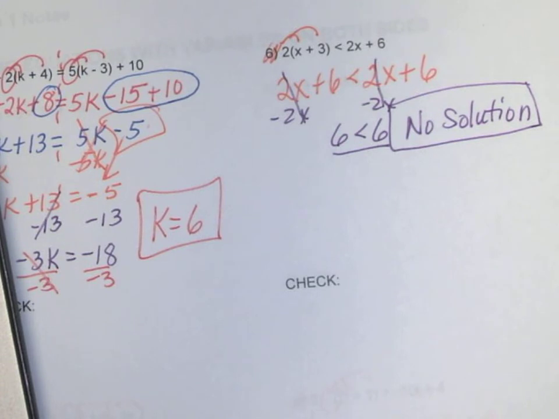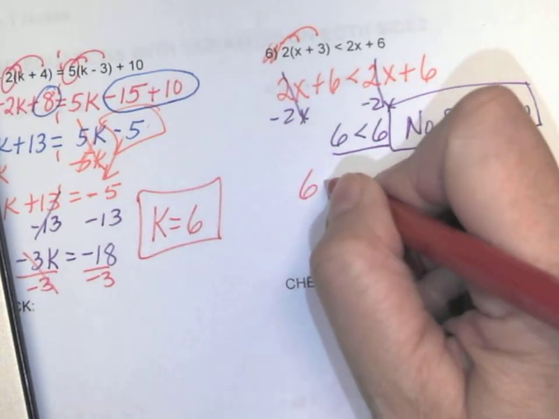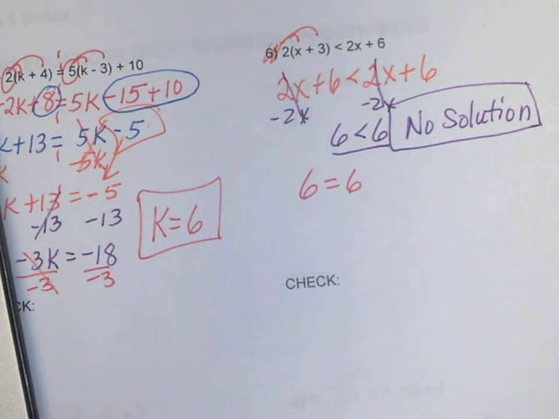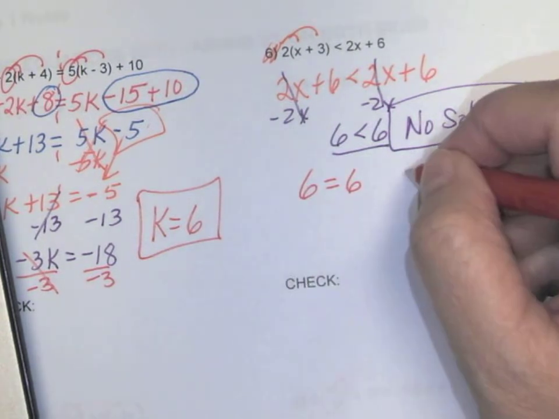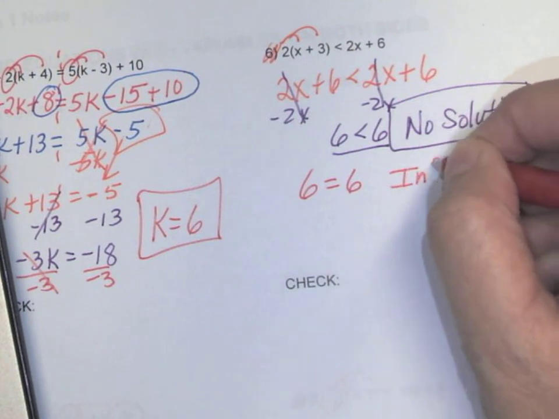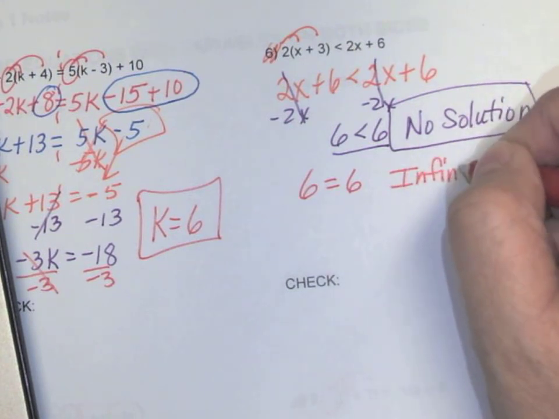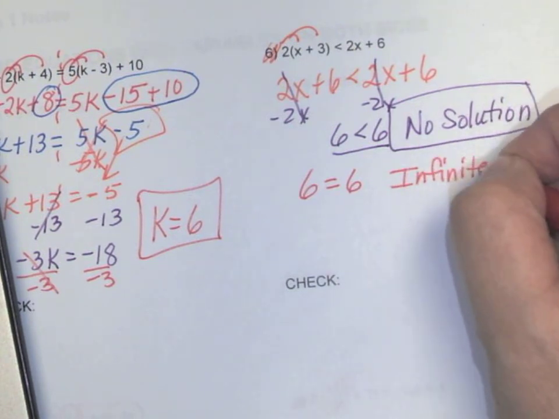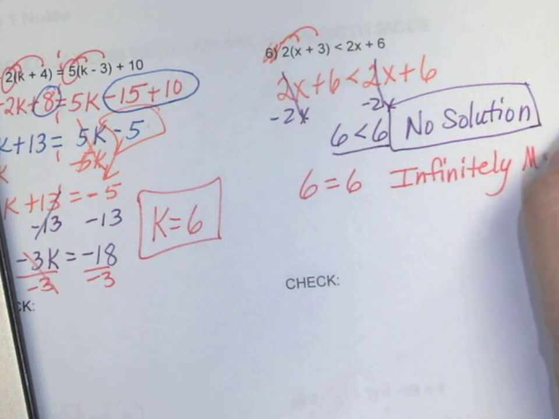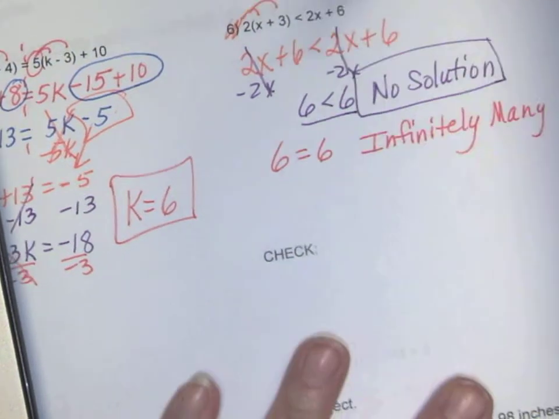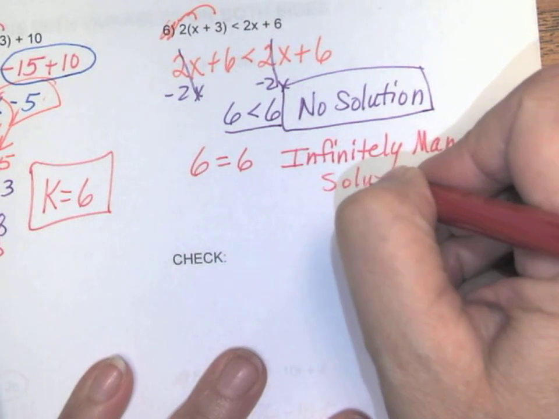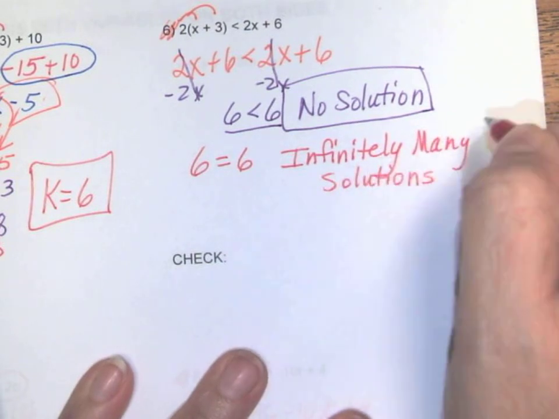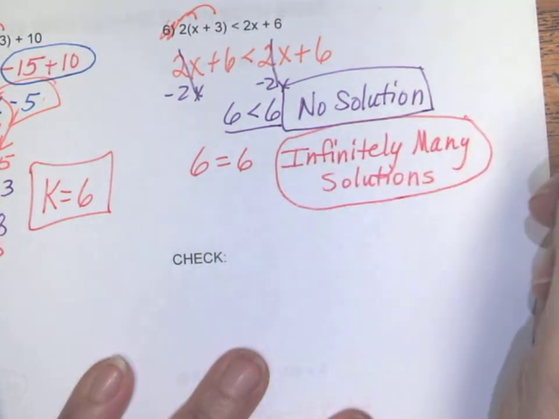But let me show you the other special case. What if that had been an equal sign? That is true. I still have no letters. The letters went away, but 6 does equal 6. That's true. That means that any number I put in for x would make that a true statement. I can't even count how many solutions there are. There are infinitely many. Any number, any fraction, decimal, negative, positive, any number I can think of would make it true.